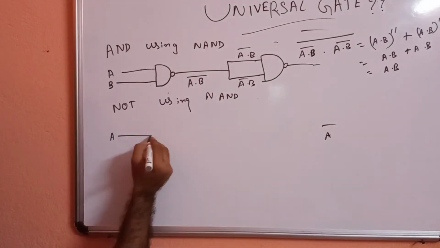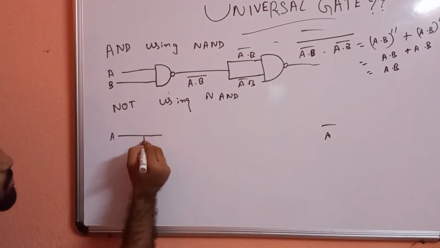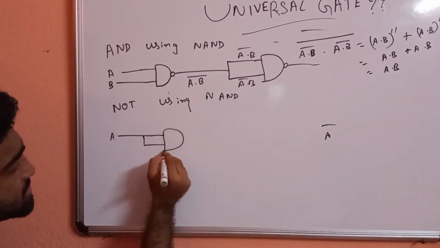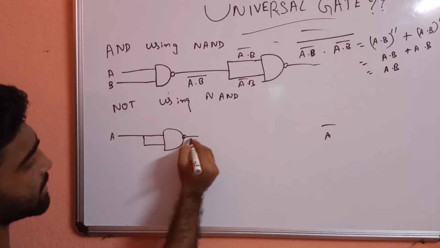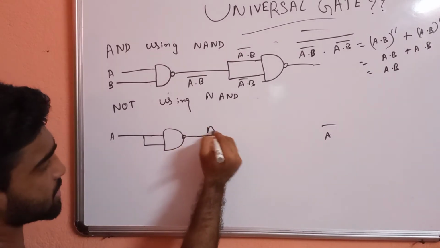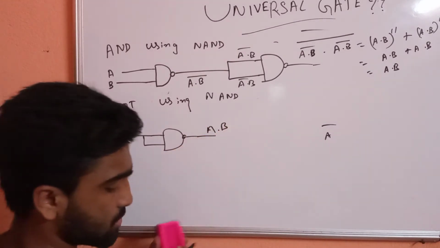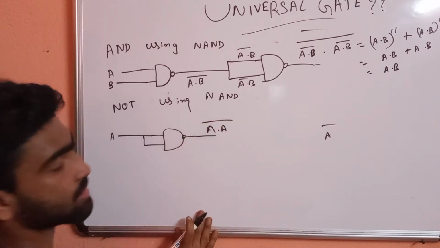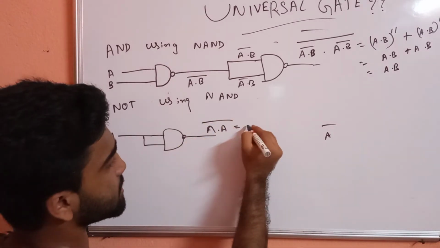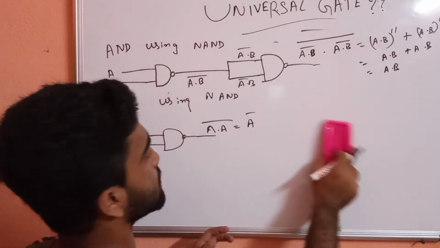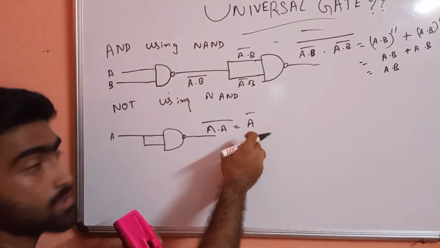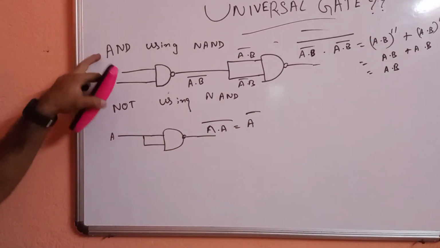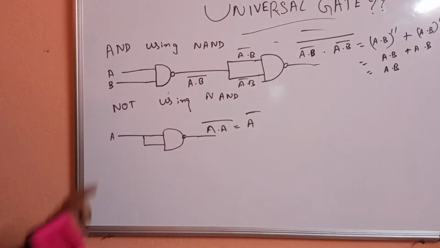We do NAND of the same input and we get (A dot A) whole bar. A dot A is A, so that means A bar. That means we got the NOT operation. See, the AND operation is done and the NOT operation is done.